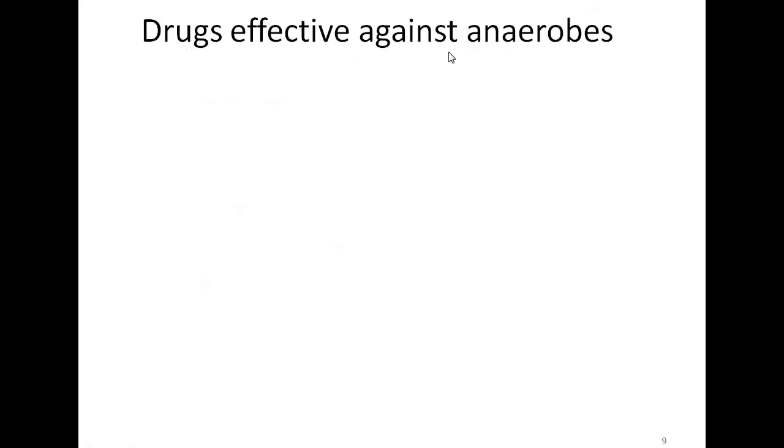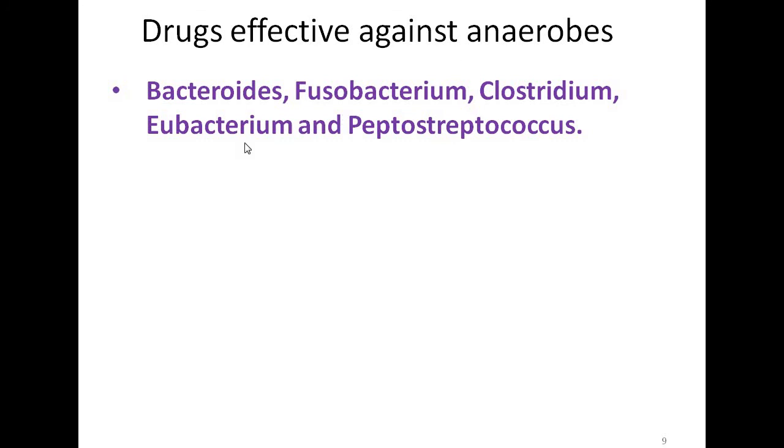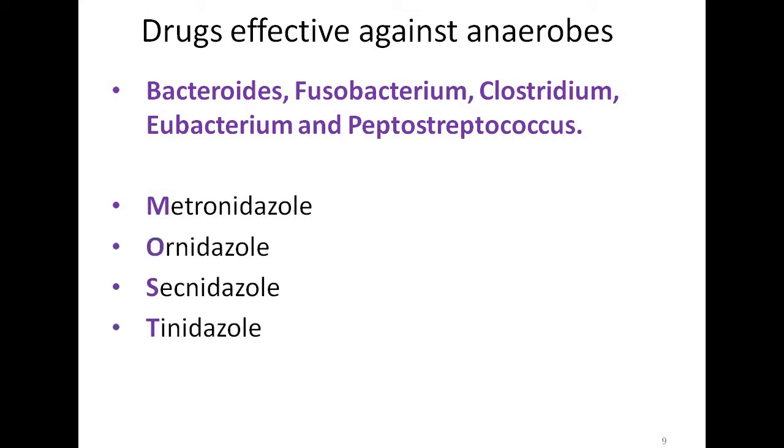Drugs effective against anaerobes. Now, these are the clinically important anaerobes: bacteroides, fusobacterium, clostridium, especially Clostridium difficile, eubacterium, and peptostreptococcus. So the drugs which are effective against anaerobes include metronidazole, ornidazole, secnidazole, tinidazole, satronidazole.